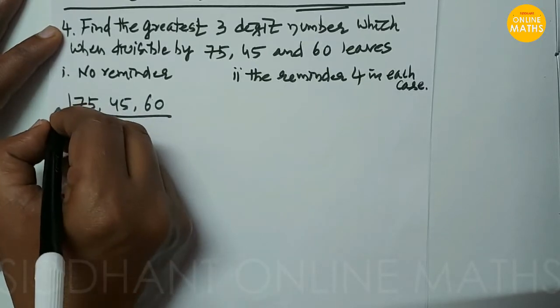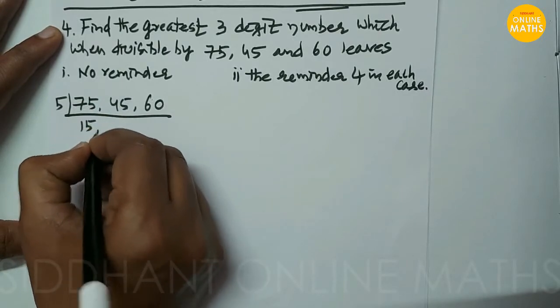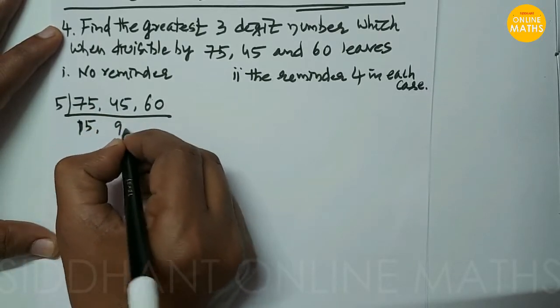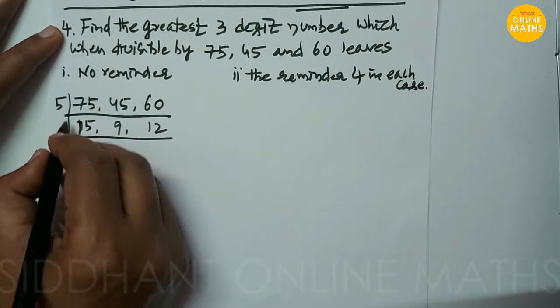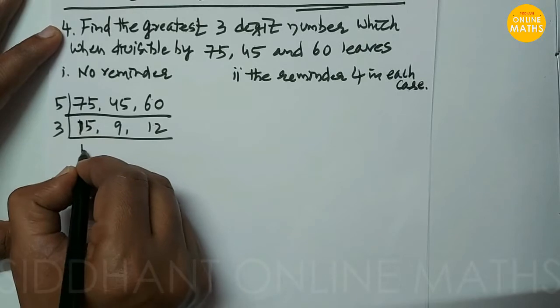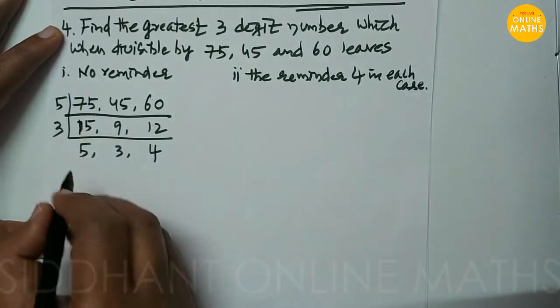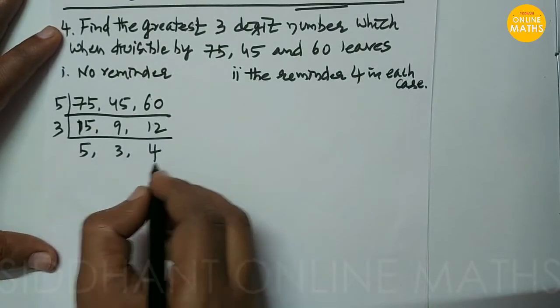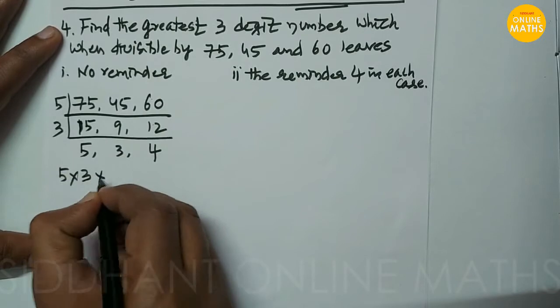So it goes with 5. So now 15, 9, 12. Next it goes with 3. So now 5, 3, 4. So no common factor here. So we multiply divisors and remainders.